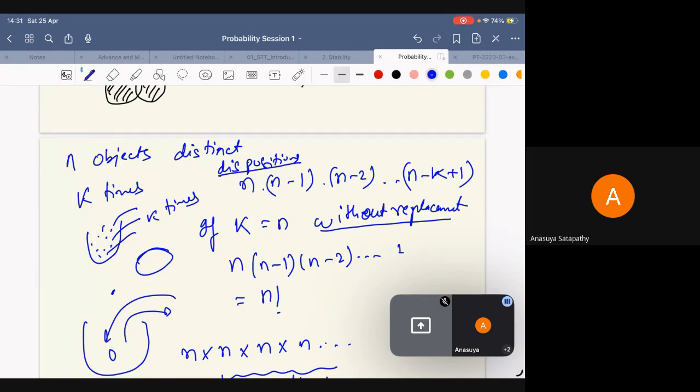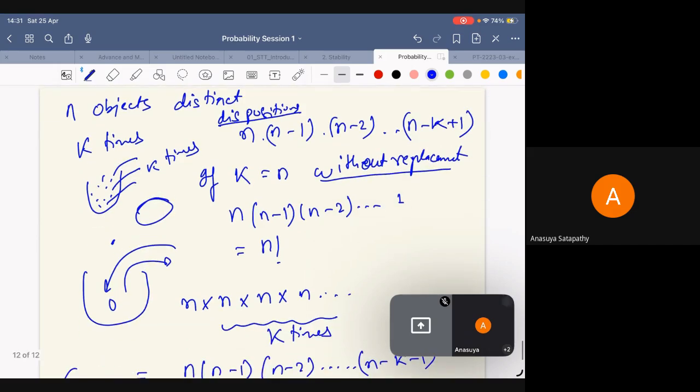First, how many options do you have? n options. Second time, you don't have n options, one has already been taken. So it will be n minus 1, n minus 2, up to n minus k plus 1 options. Okay. K is the number of times we will take out a ball from the bag. This is without replacement. We are not replacing the ball inside the bag.